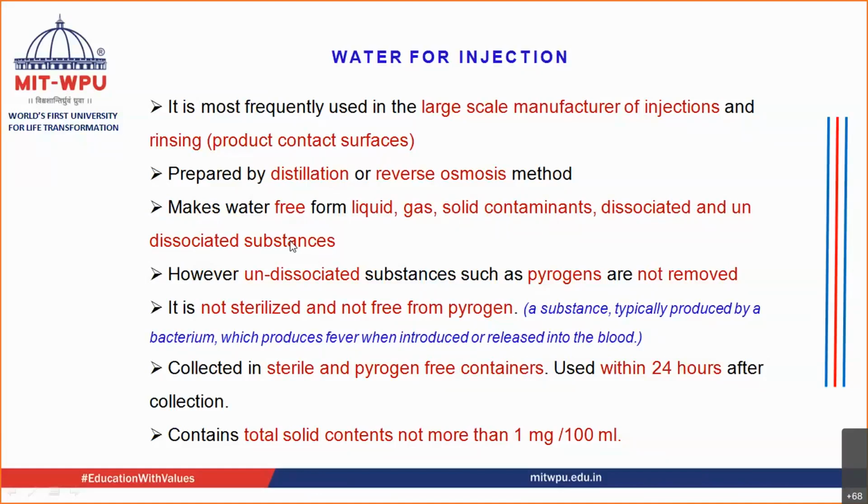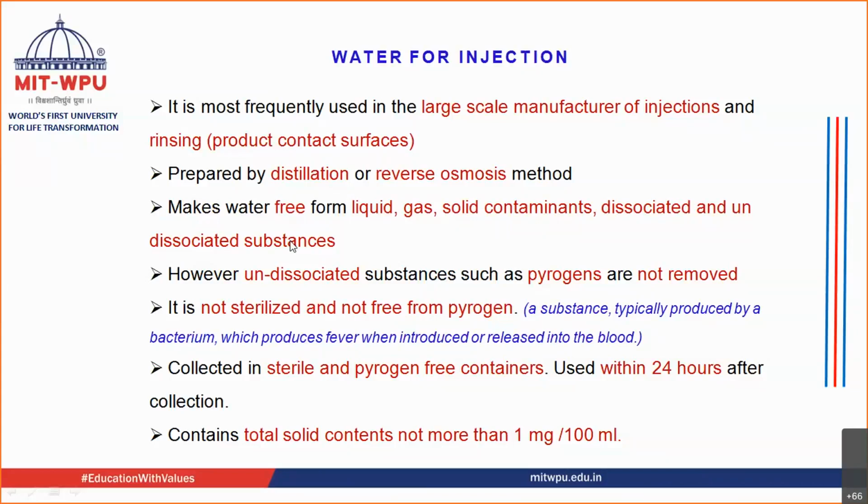You know it very well. Just to revise, it is a substance produced by bacteria, for example endotoxins, and it is responsible for producing fever when it goes inside the blood.